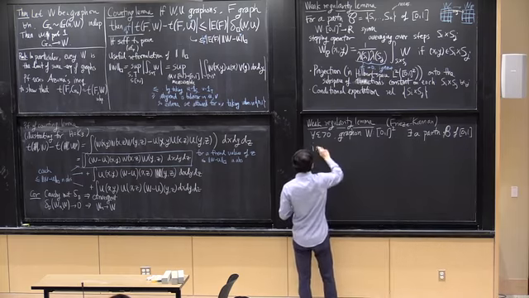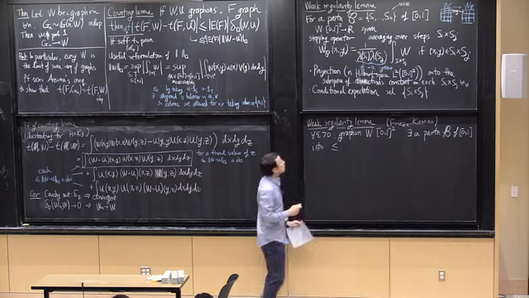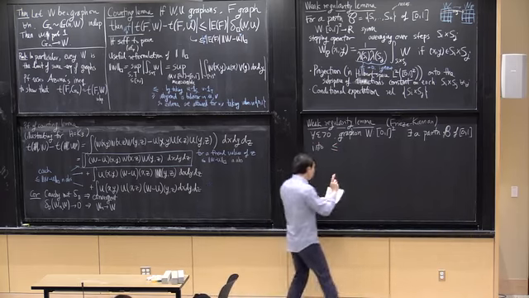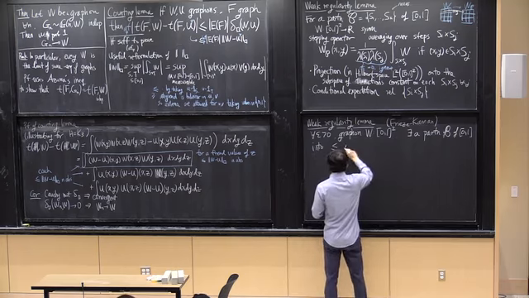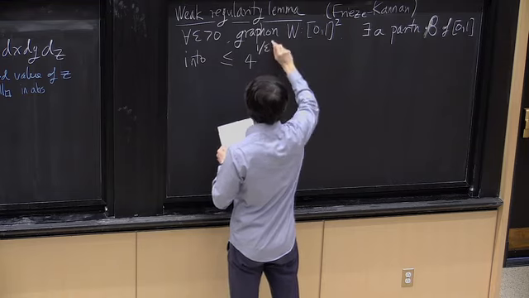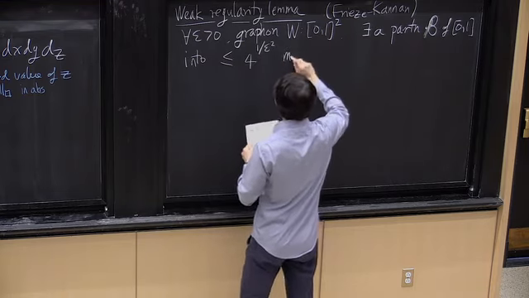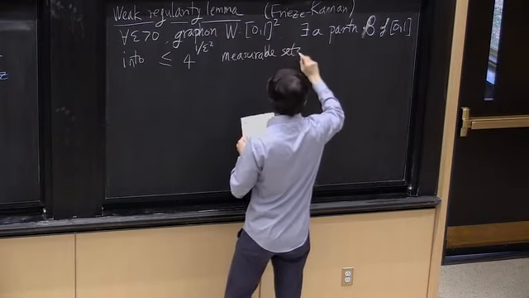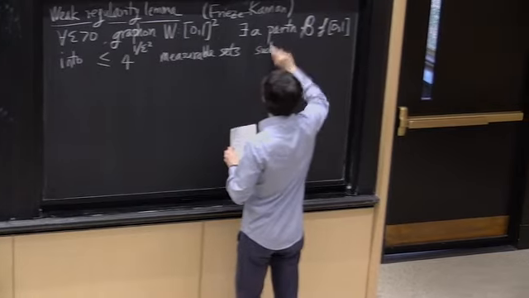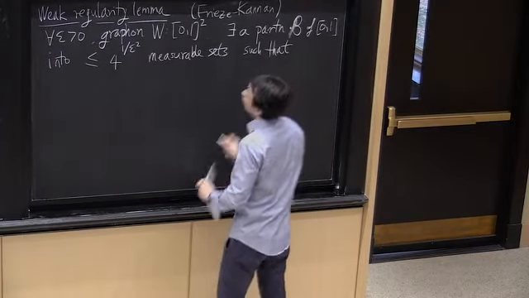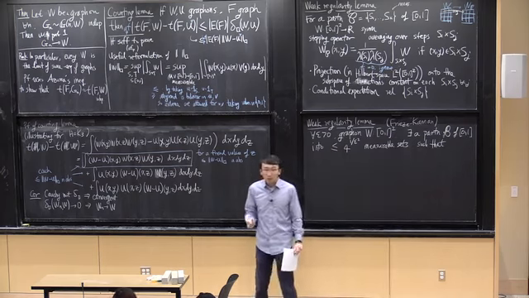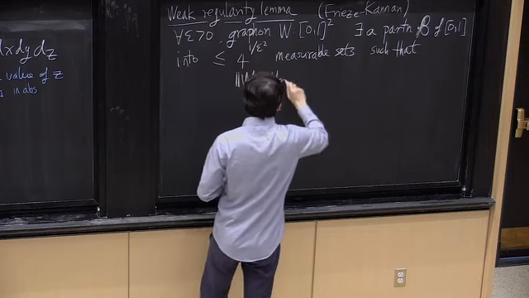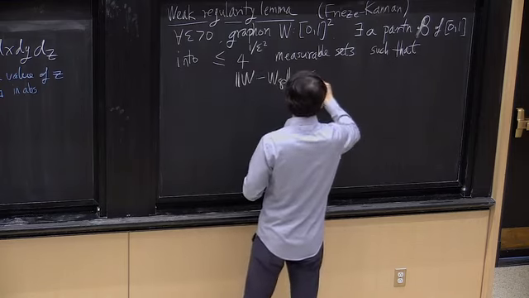And now I tell you how many sets there are. So it's a partition into, so not a tower type number of parts, but only roughly an exponential number of parts. So 4 to the 1 over epsilon squared measurable sets, such that if we apply the stepping operator to this graph function, we obtain an approximation of the graph function in the cut norm.